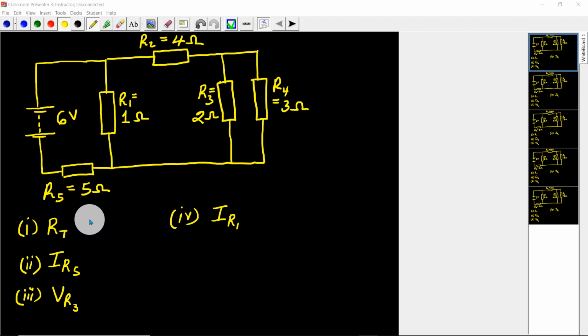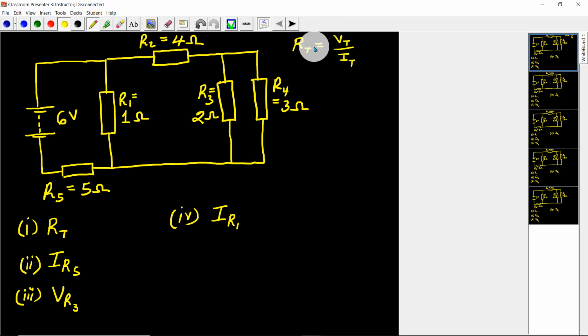How do I use the rules which are provided? If I'm asked to calculate total resistance, I could get that by dividing total voltage by total current. That is one way of calculating that.